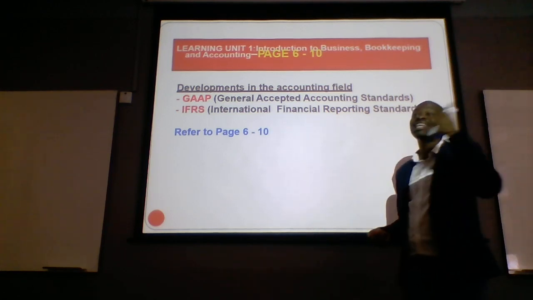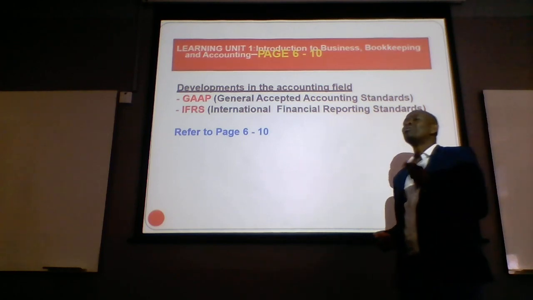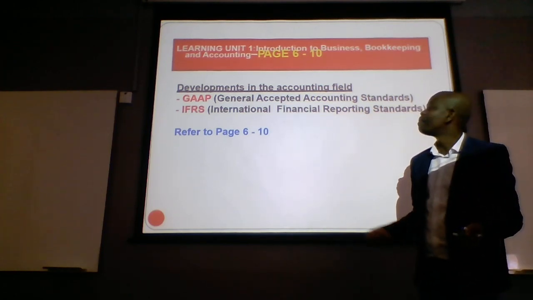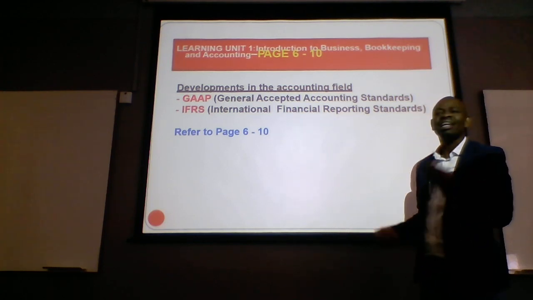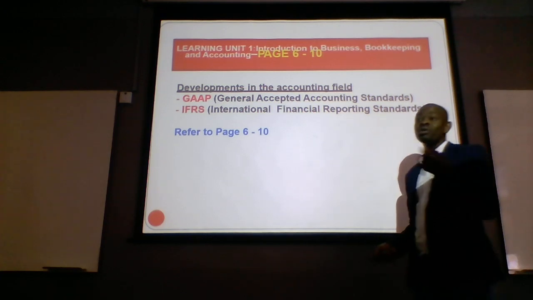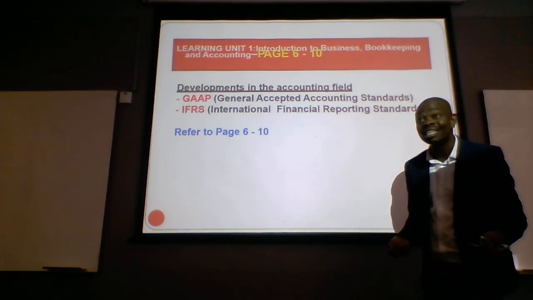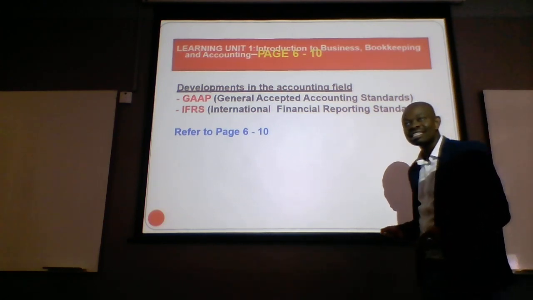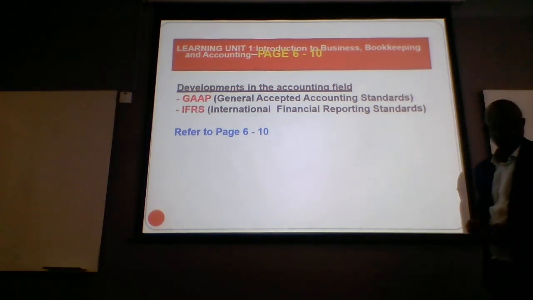We also have what we call the IAS. You will see when you progress with accounting, you will start using the standards to compare books. We've got IFRS 3, IFRS 2, IAS 16, and IFRS 10 for consolidations. So at the end of the day, accounting has been standardized. For more information, you can refer to the textbook.